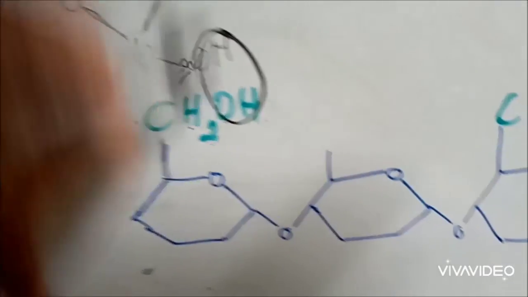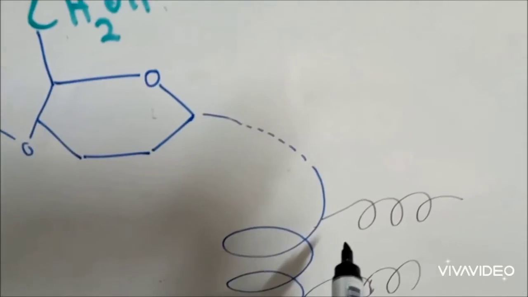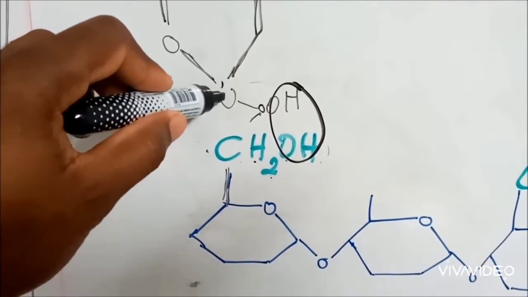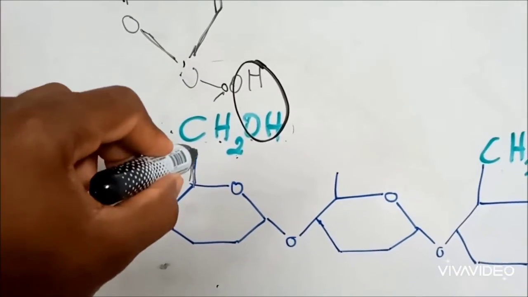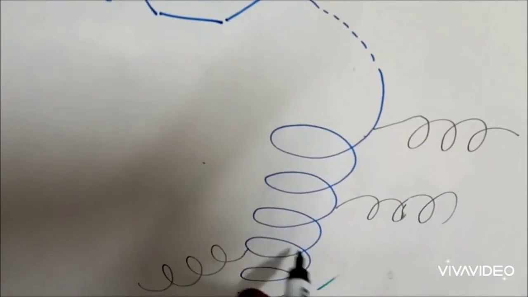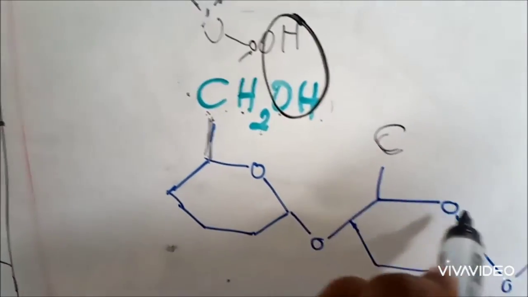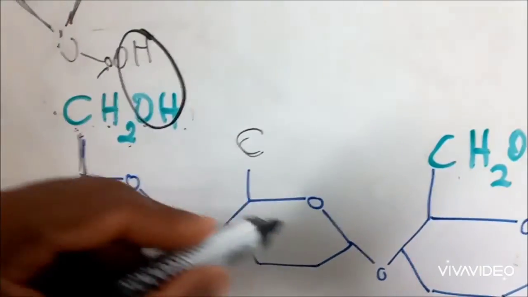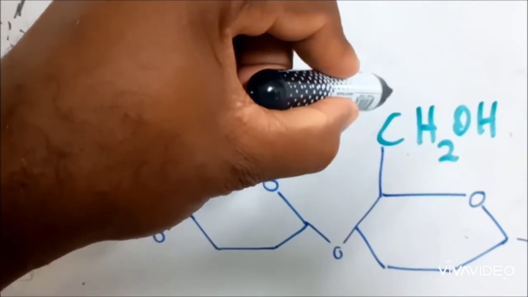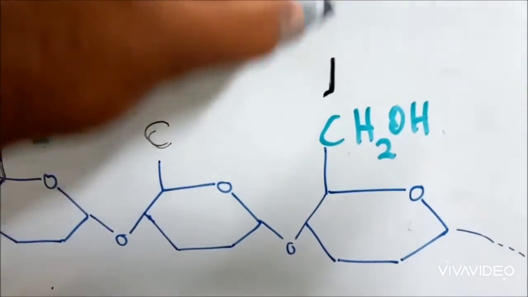So that chain would branch and curl just like what you see I have it right here. So the branch that you see right here is just another chain of alpha glucose bonded to the carbon 6 of one of these from the amylose. So originally the amylose has the helical structure like that, but from carbon 6, which would be here as well and another one here, another chain of alpha glucose can just bond off.